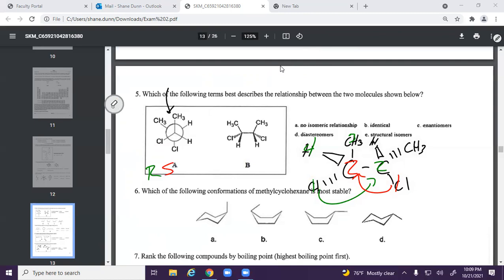This one's already line angle for us, so you can already do it nicely. 1, 2, 3, 4. So we would do it this way, right? Yeah, it would be S. That would be R. Right? It's going counterclockwise. So we R.